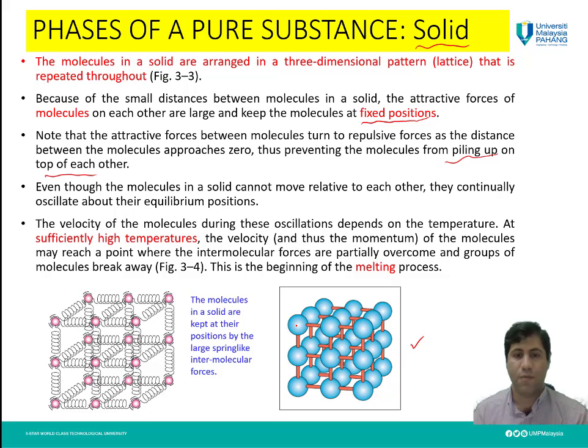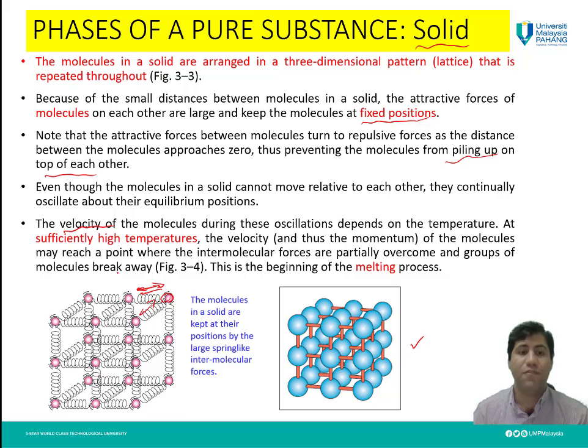Here you can see that oscillation, which is like a spring. They can shift within this distance, but the position will be fixed. The rate or velocity of this oscillation depends on the temperature of the substance. The higher the temperature, the higher the oscillation velocity.